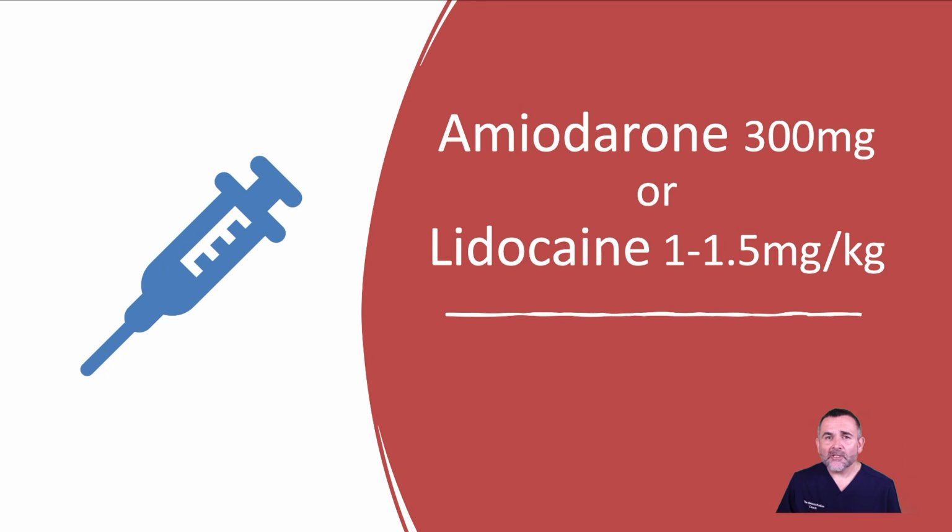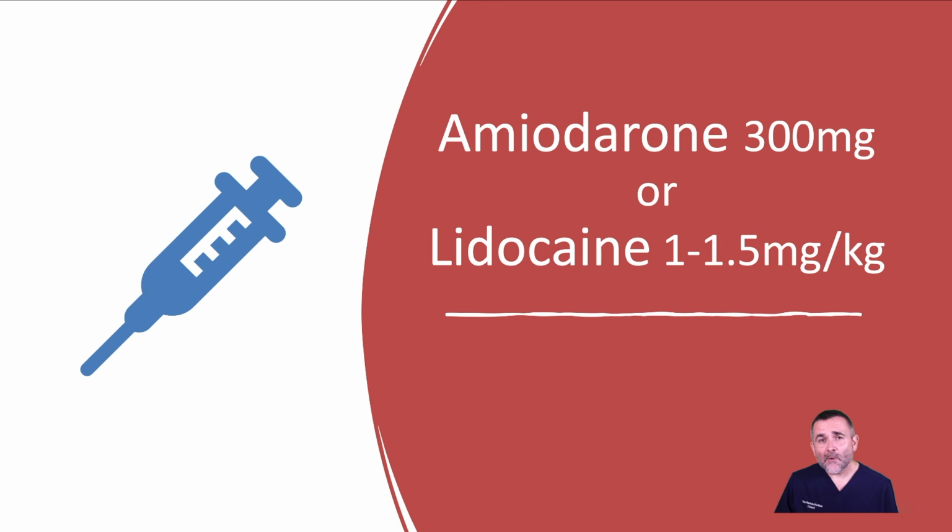Most clinicians will use the big A, but there's a lot of debate on which is better. In Circulation in 2019, a study by Wagner et al. compared amiodarone to lidocaine for in-hospital cardiac arrest and found it was not associated with higher ROSC rates, but lidocaine was associated with higher 24-hour survival, higher survival to discharge, and favorable neurologic outcomes.